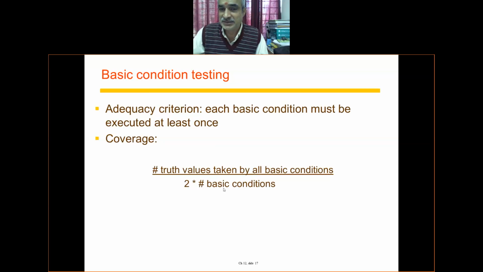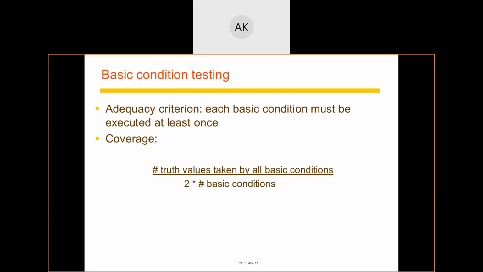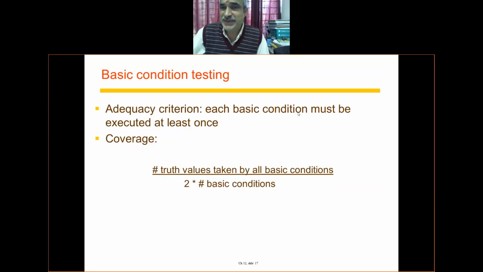Thus, 2 into number of basic conditions. Why? Because every condition is true and false, you know. Am I right? So look at that. Each basic condition must be executed at least once.